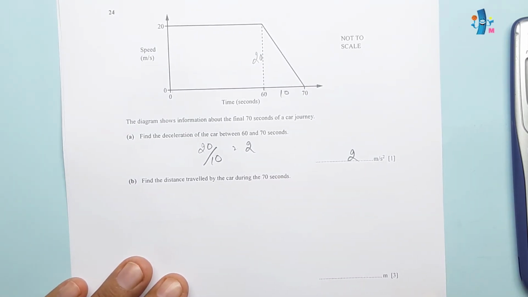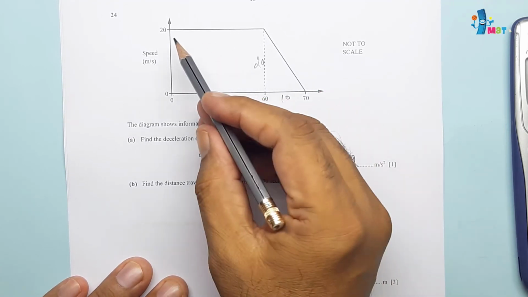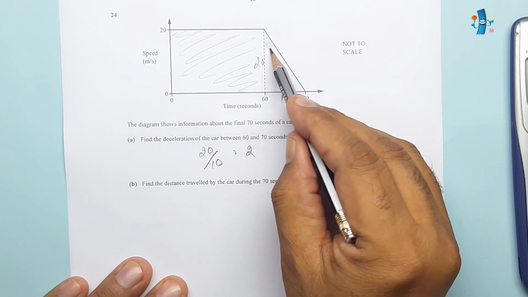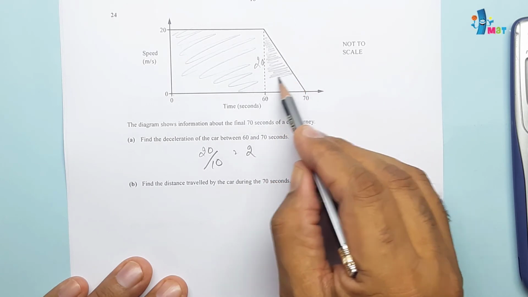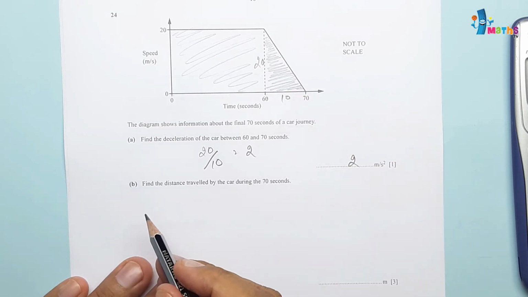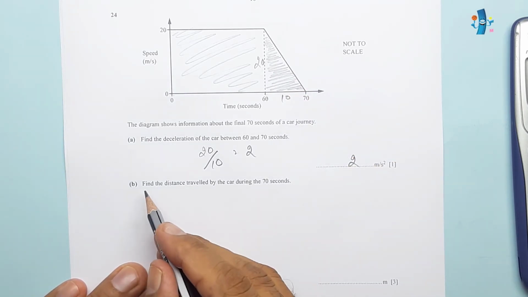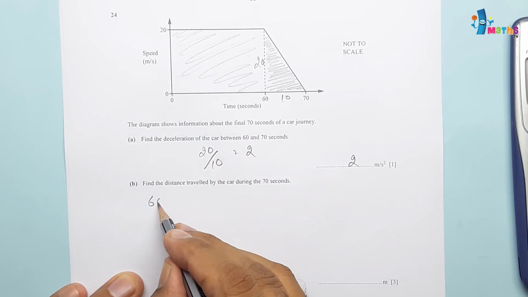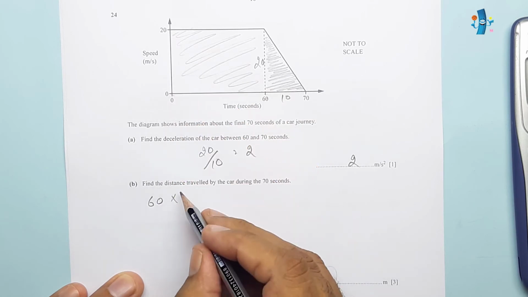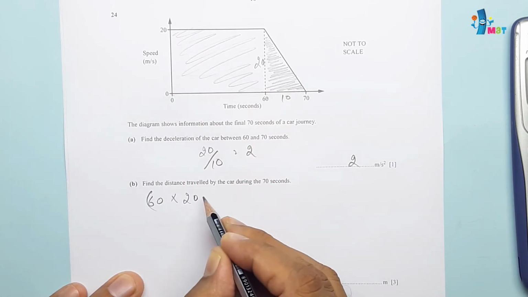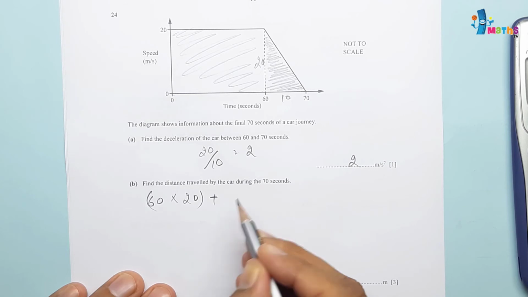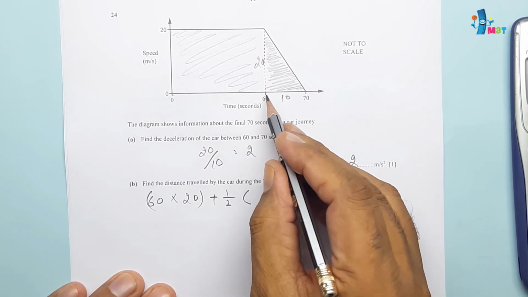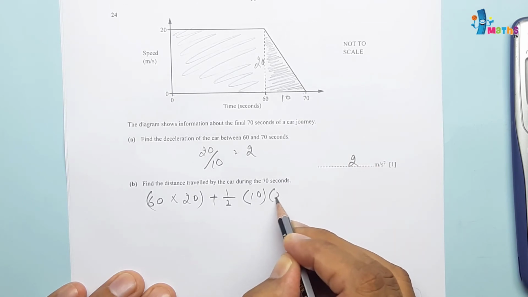Find the distance traveled by the car. The distance traveled will be two portions: one is this rectangle, and the second one is this triangle. So we'll be checking the whole area. Distance will be 60 multiplied by 20, which is a rectangle area, length into width, plus the triangle area, half into base into height, half into 10 into 20.